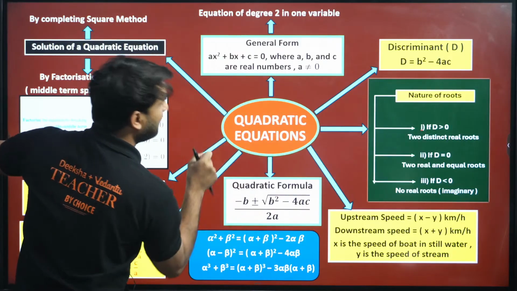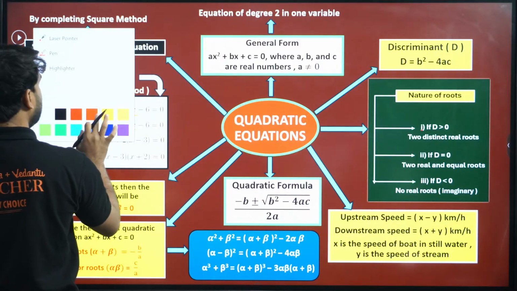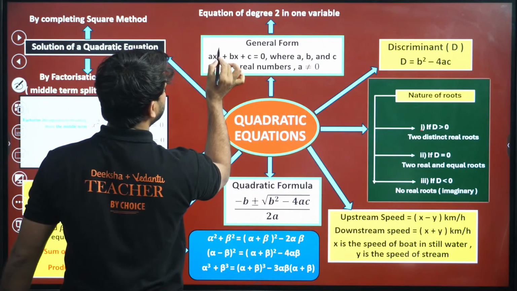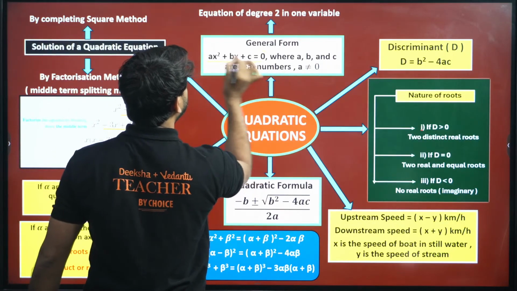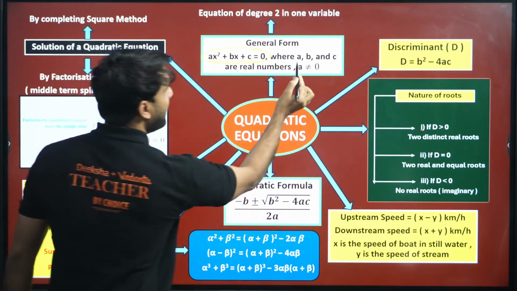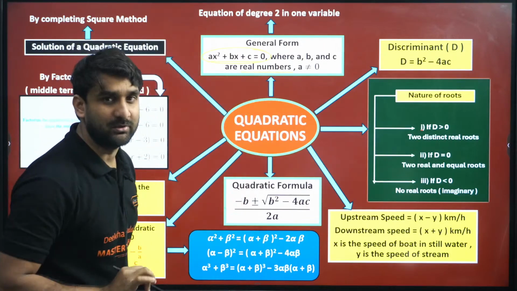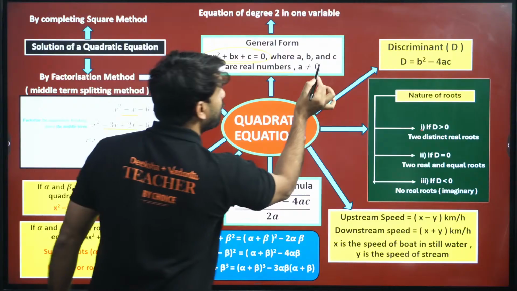In quadratic equation, you all know this is the general form: ax square plus bx plus c equals 0, where a, b and c are real numbers, and make sure a should not be equal to 0.